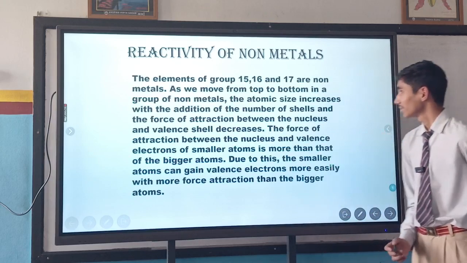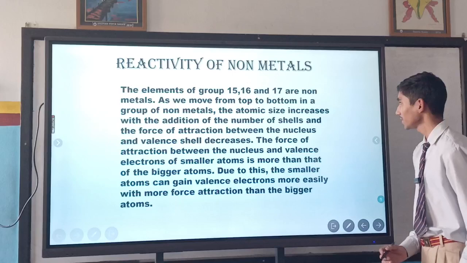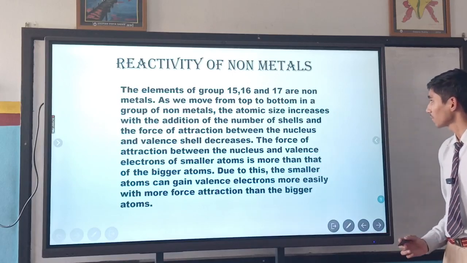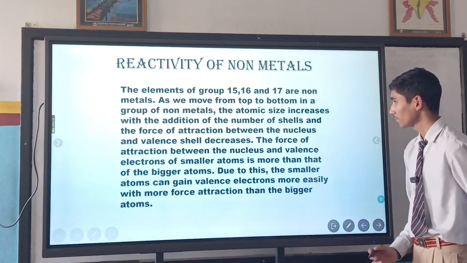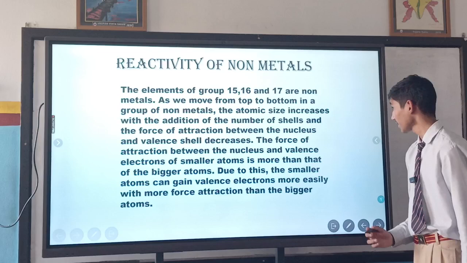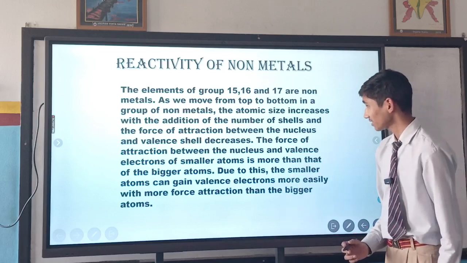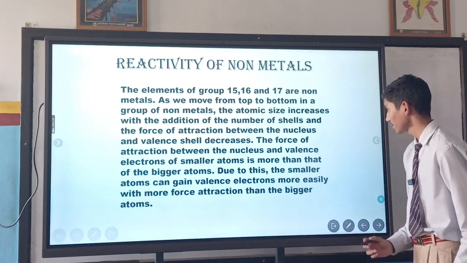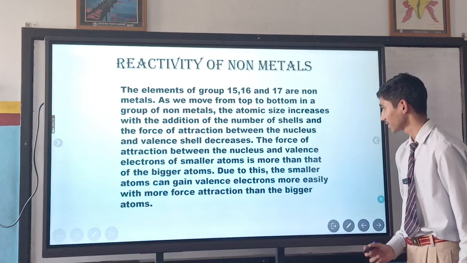Reactivity of non-metals. The elements of group 15, 16 and 17 are non-metals. As we move from top to bottom in a group of non-metals, the atomic size increases with the addition of the number of shells, and the force of attraction between the nucleus and valence shell decreases.